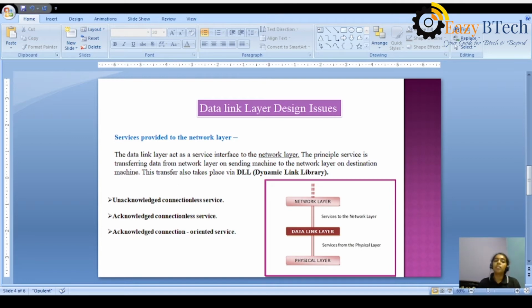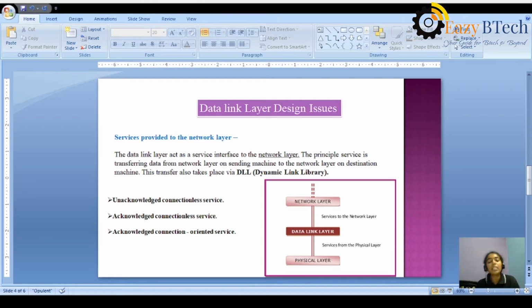Okay, right? See, the services provided to the network layer is the first design issue, and the data link layer will act as an interface between the physical layer and the network layer. Interface means mediator. What are the services?